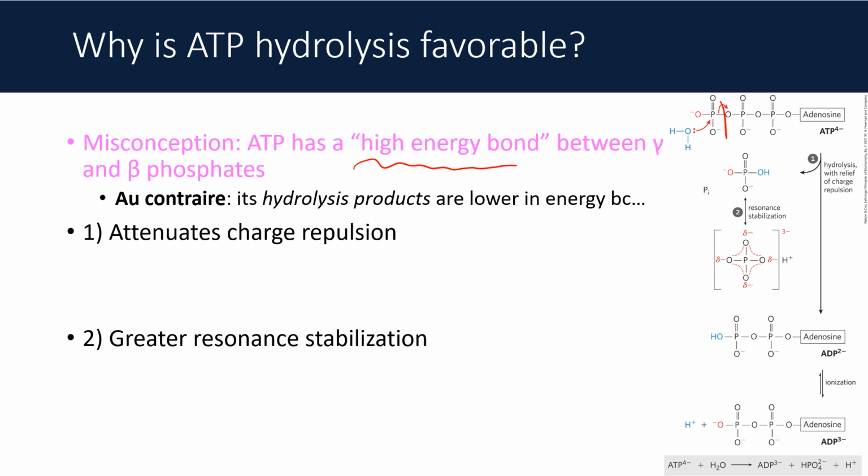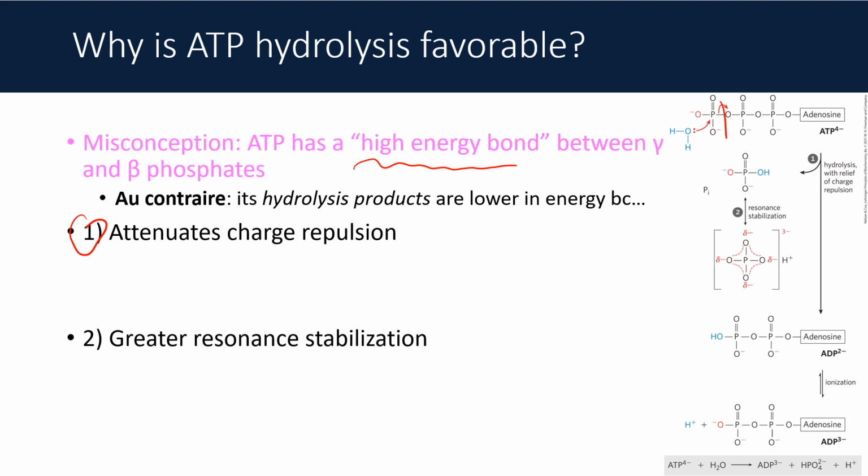ATP has a lot of energy, quote unquote, because its hydrolysis products are very low energy by comparison. And there's three reasons for that. First, we do attenuate some charge repulsion of the triphosphate moiety upon hydrolysis. This is what we mean by that third phosphate being kind of on against its will.